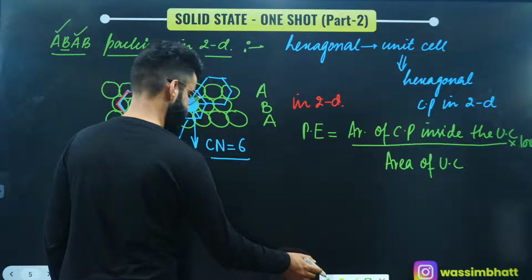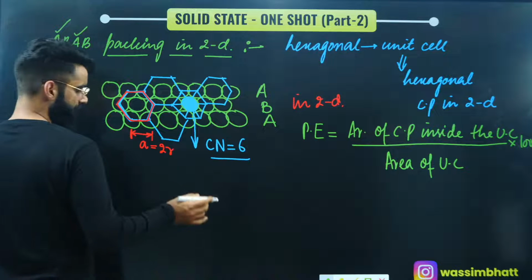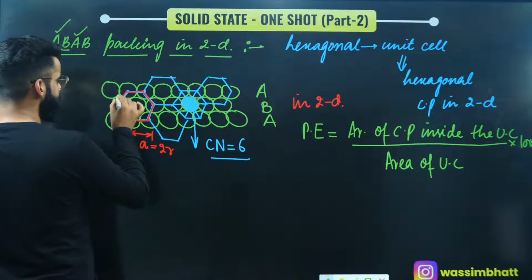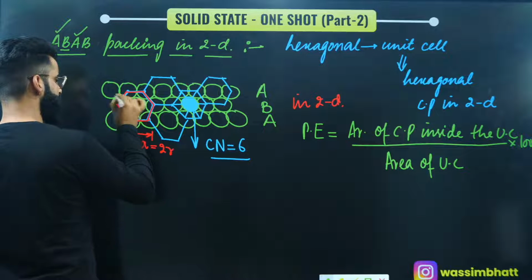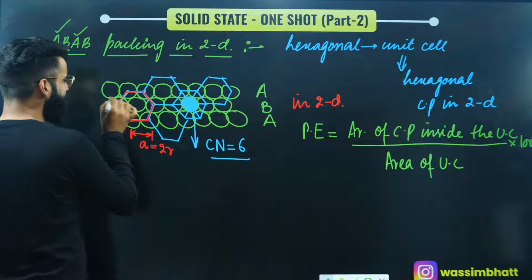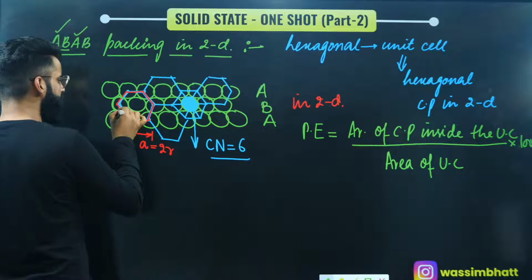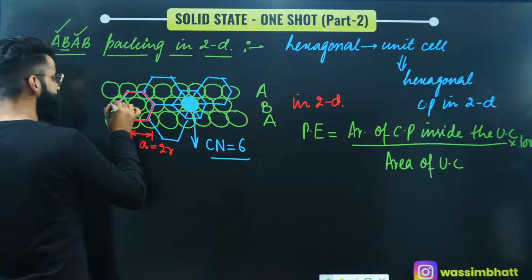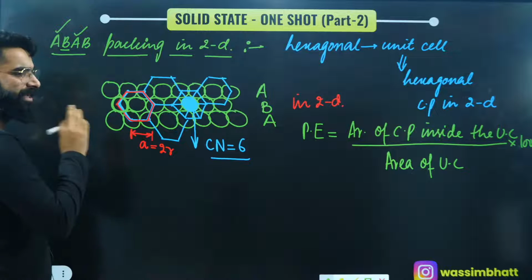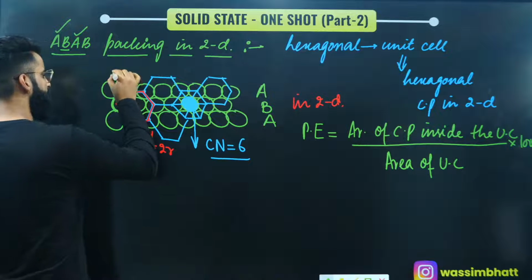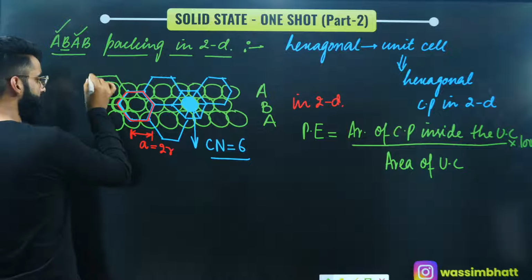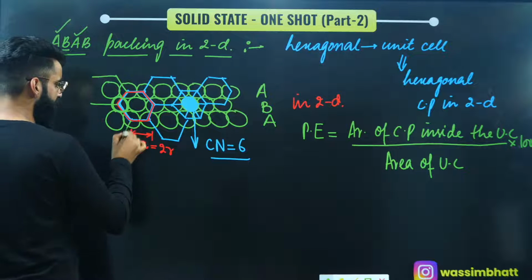Now we will understand properly. For example, if I talk about this particular constituent particle, with how many hexagons has this particular particle been shared? This particular particle will be shared with 3 other hexagons. How come? Have a look. There'll be one more hexagon like this, and one more hexagon like this.